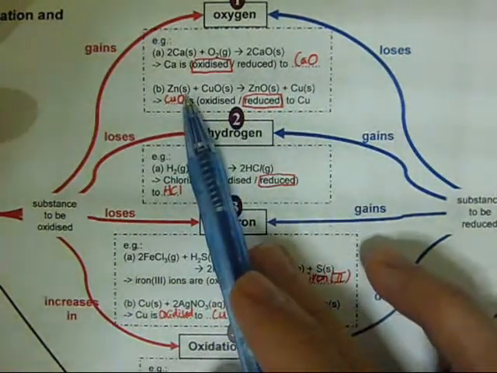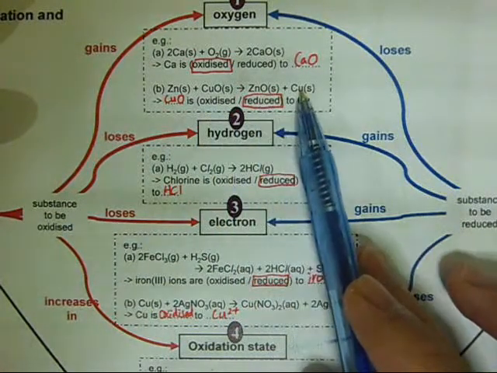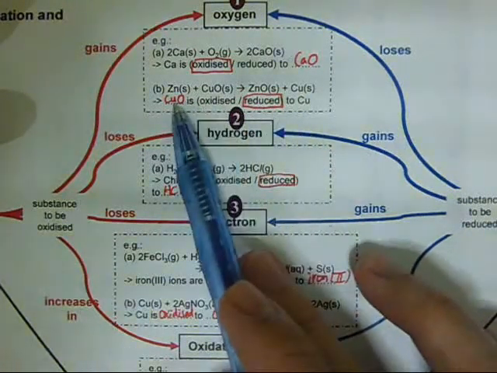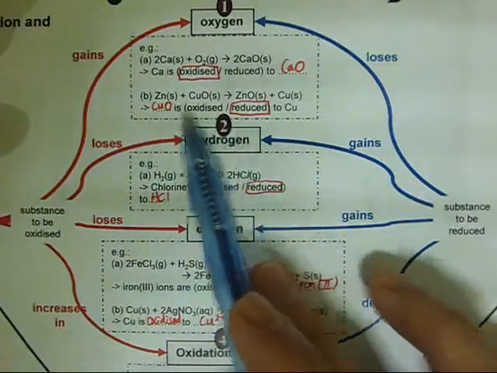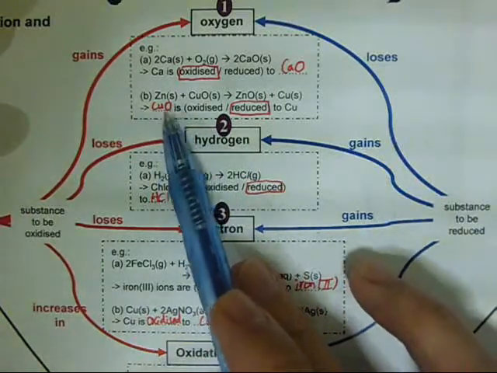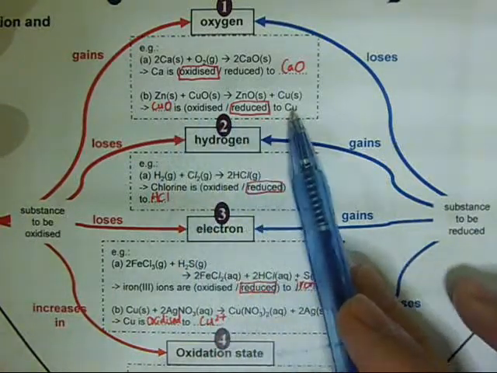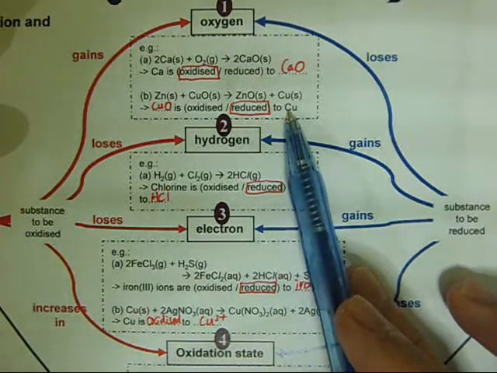The second example, zinc and copper oxide form zinc oxide and copper. In this example, copper oxide is reduced, because there is a loss of oxygen. Initially it is copper oxide, CuO, with an oxygen. After the chemical reaction, CuO becomes Cu, so there is a loss of oxygen.